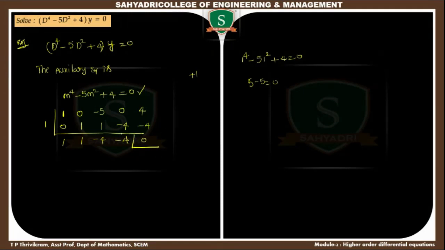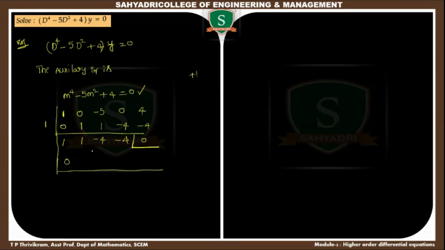Next, this is a cubic equation, so for the cubic equation one more trial we have to do. One more solution you need to find. So 1 is already used. Check with one more number, which should finally give us zero at the end.